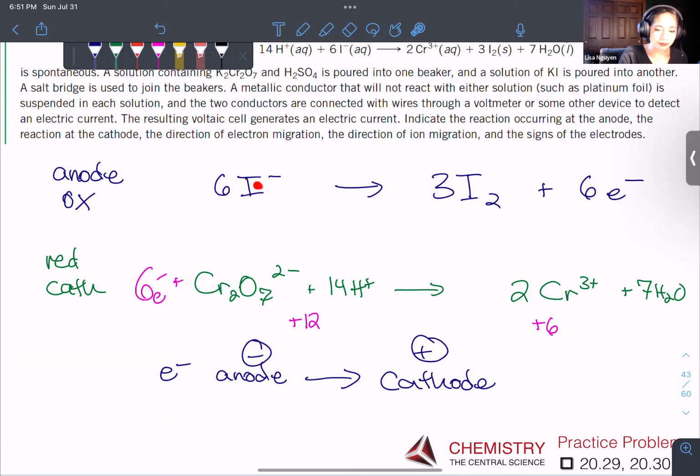So we need to make sure that the charge within your half cells stays neutral. So what we'll see here is that anions will actually migrate towards the anode, because what we're doing is we start with a negative charge, but that negative charge is being consumed because we're converting iodide to a neutral iodine.